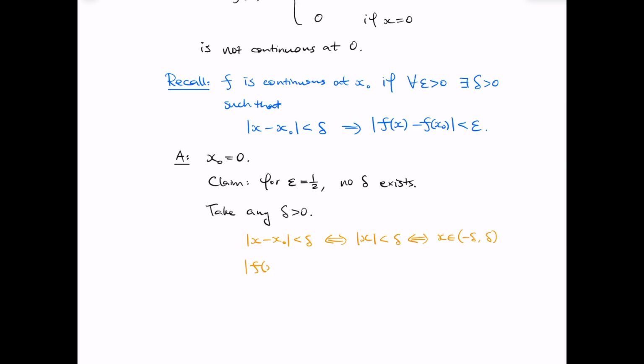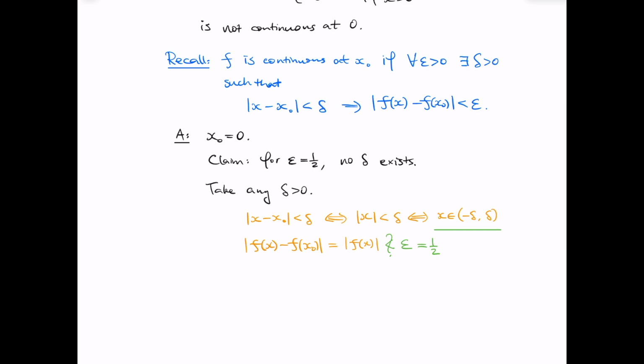Now, f(x) minus f(x0) is f(x) minus 0, which is just the absolute value of f(x). So the question that we're asking is, when x is in this range, is the absolute value of f(x) less than epsilon? Where epsilon in this case is just 1/2.